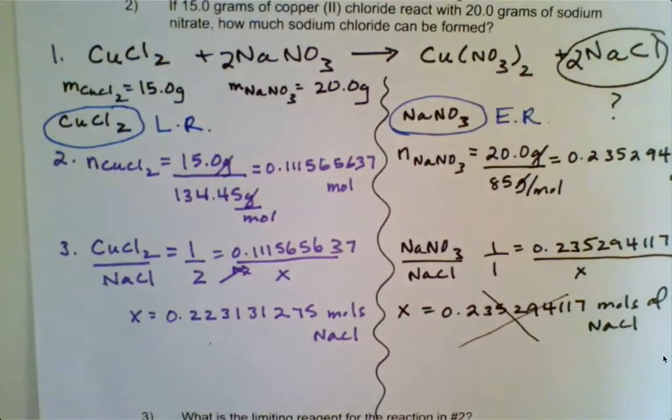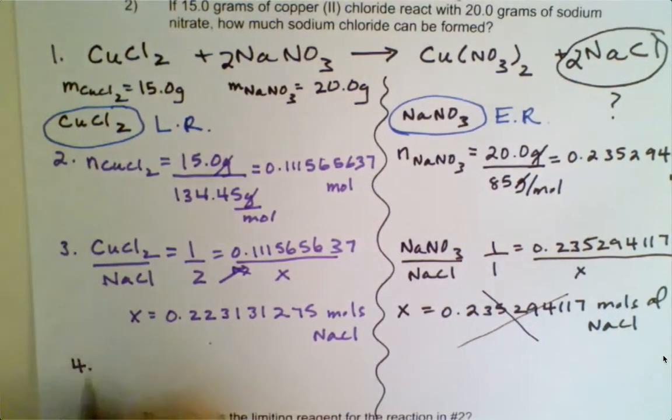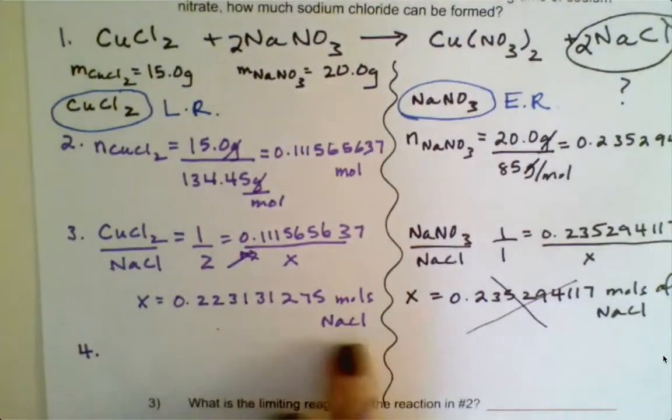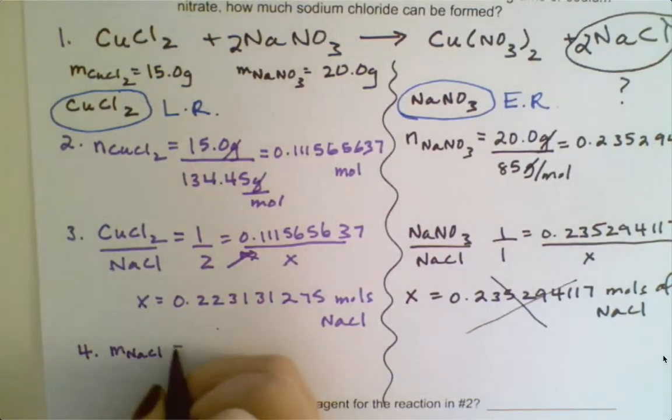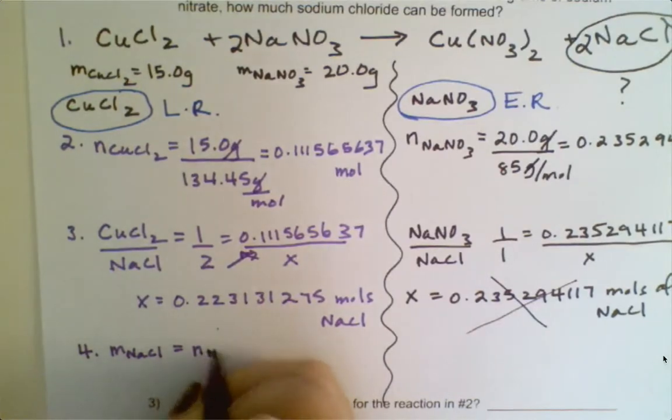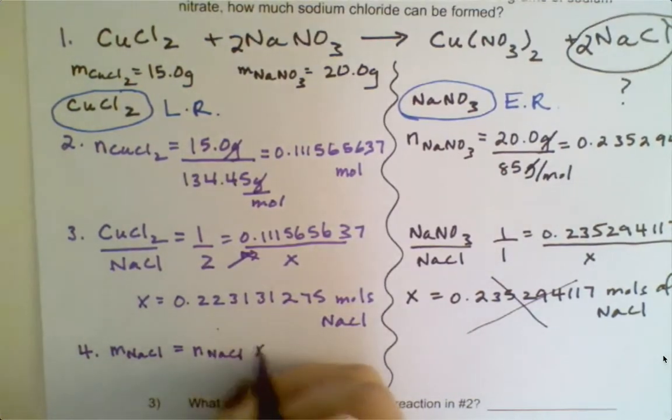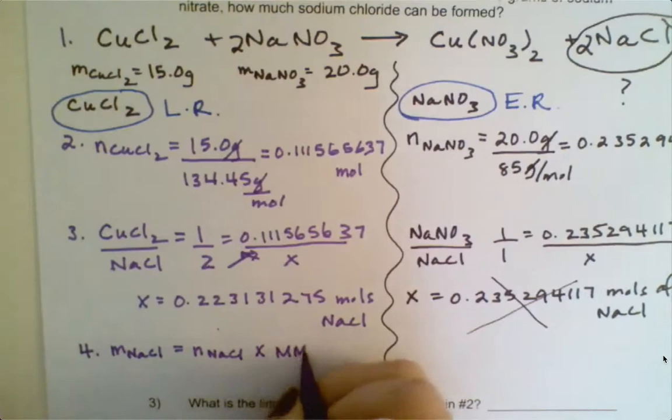Now, I can proceed with step 4, but I only need to do it for this reactant. I'm going to figure out what mass of sodium chloride that equals. To figure out the mass of sodium chloride, what you must know is the moles of sodium chloride times the molar mass of sodium chloride.